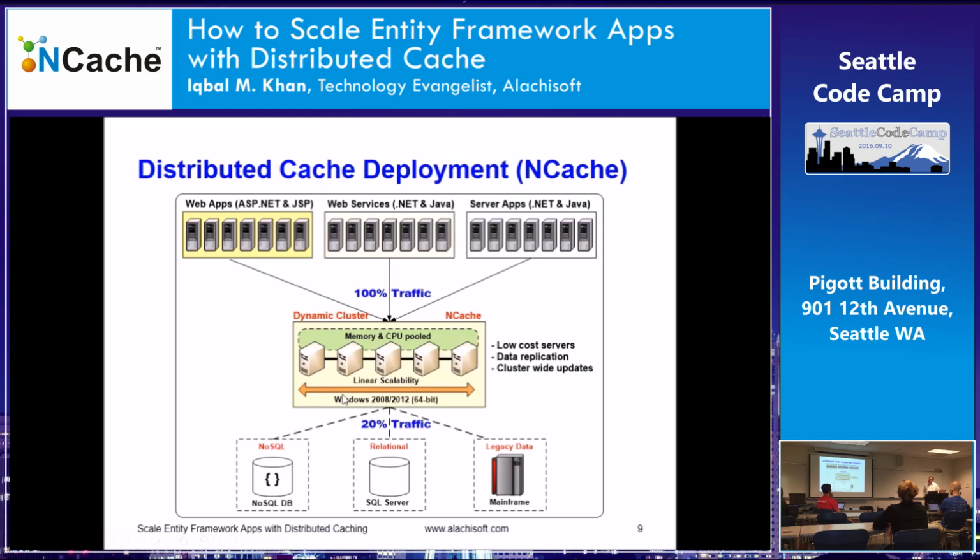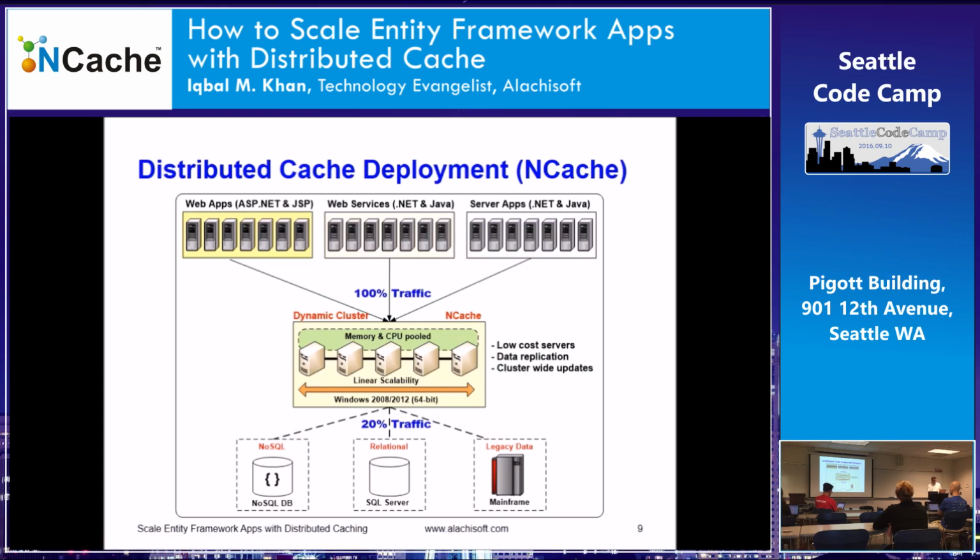And usually there's about a 5-to-1 ratio between the application tier and the caching tier. So for every 5 application servers, usually you would put 1 cache server, with a minimum of 2 cache servers. The reason you want a minimum of 2 is for redundancy purposes and for replication. So if any one server goes down, your cache does not become a single point of failure.